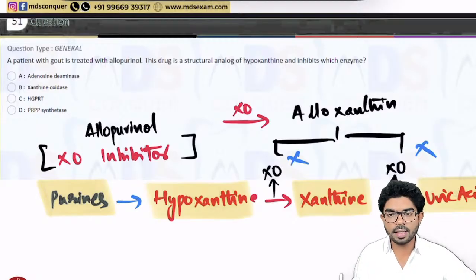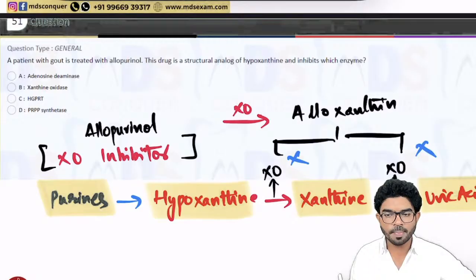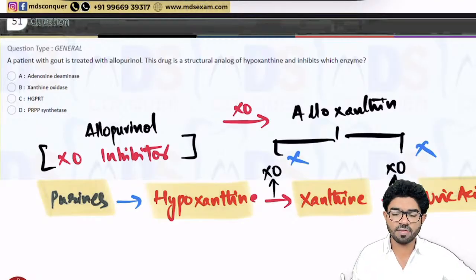This uric acid will get accumulated in different areas, and it is going to cause this particular condition called gout. And of course, most of you are aware, the most specific method of diagnosis of gout is the presence of uric acid in the synovial fluid and in the joints.